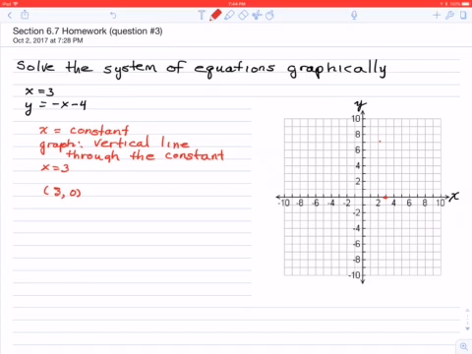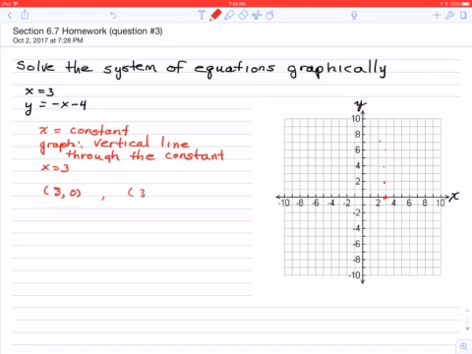If we were doing this just on paper and pencil, I could just draw that vertical line. But using MyMathLab, I need to pick another point that would be on that vertical line. Well, that other point would be 3, and I can use any y value at all, because on this vertical line, the x is 3, y is 2, x is 3, y is 4, x is 3, y is 6.